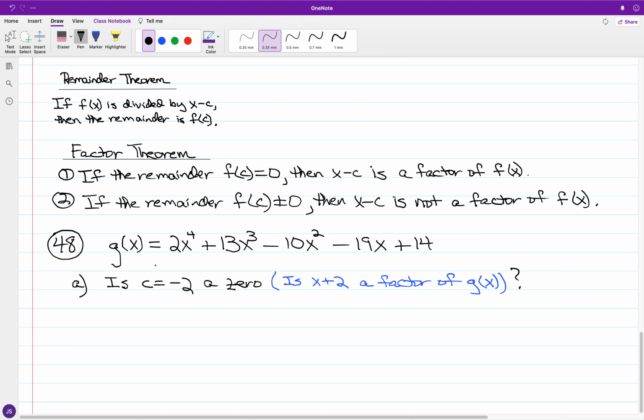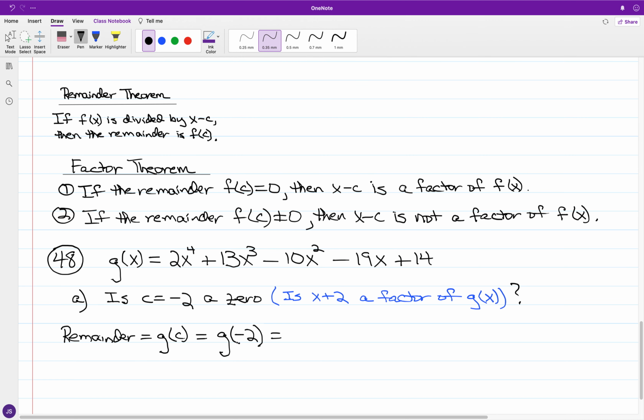So again, with our polynomial, if I take the remainder, we have g of c, and with c at negative 2, x is equal to c is equal to negative 2.